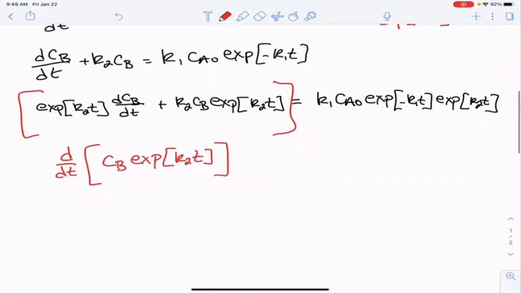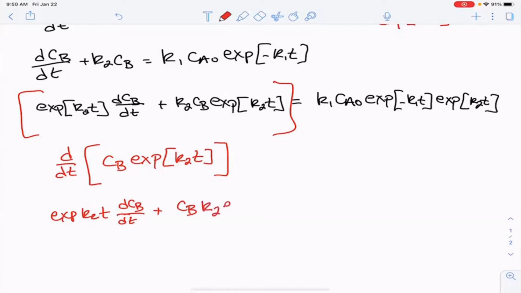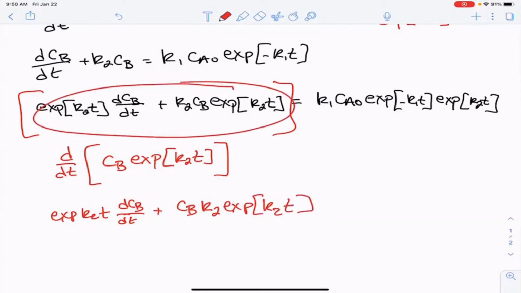To prove that, if we use the product rule here, this would be the exponent of k2t times dCB/dt, plus CB times the derivative of the exponent of k2t, which would be k2 times the exponent of k2t. And that's exactly what we have here.